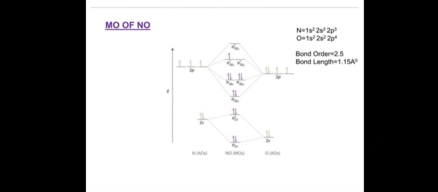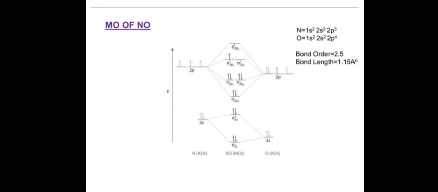In total, nitrogen plus oxygen, 7 plus 8 equals 15 electrons are present. So above 14 electrons, it will follow the configuration of oxygen to neon order.